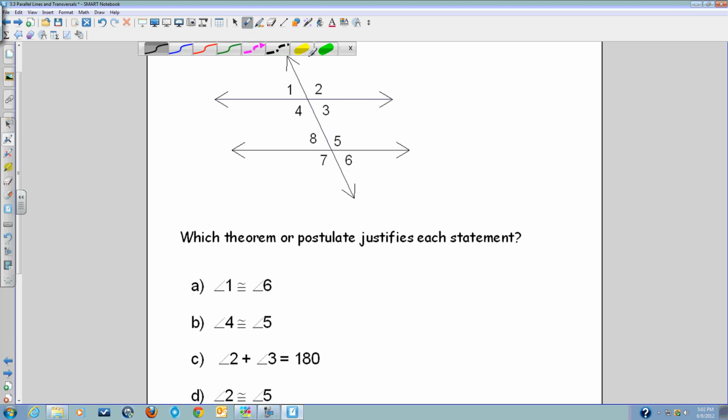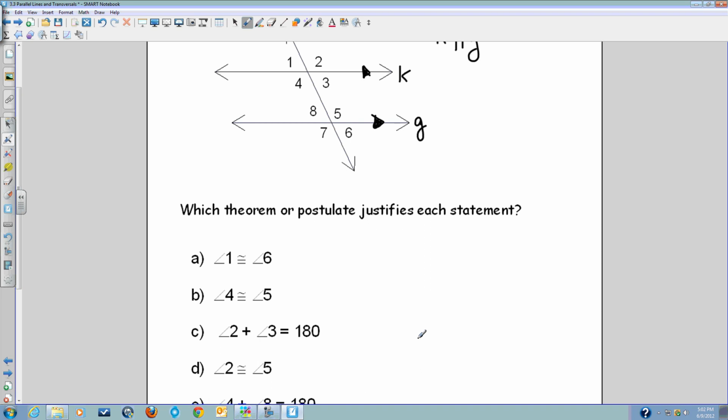I'm going to tell you that this is line M, K, and G, and I'm going to tell you that line K is parallel to line G. So we can actually put the symbols for parallel here. And we would like to know, based on the theorems and postulates that we've learned, which theorem or postulate justifies each of the following statements.